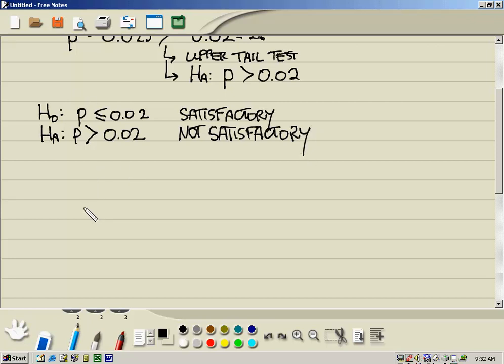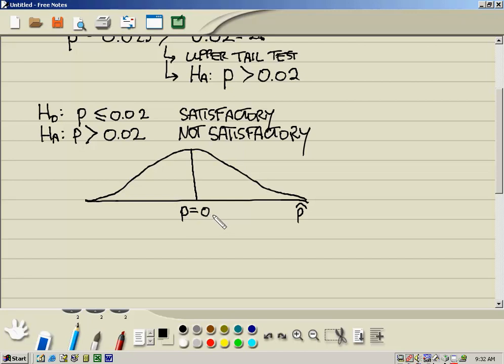Alright, next we're going to draw a distribution. This now is sample proportion, so this is the sampling distribution of sample proportions. The middle of that distribution will be the p of 0.02.